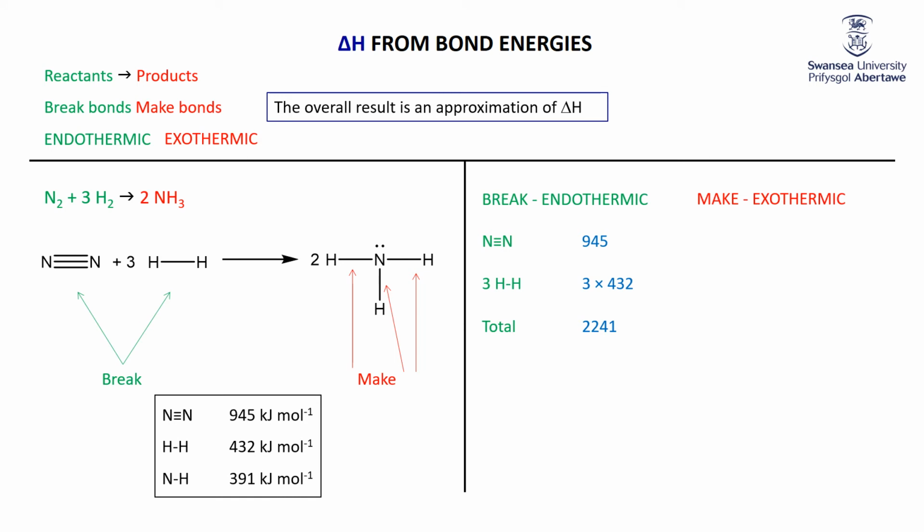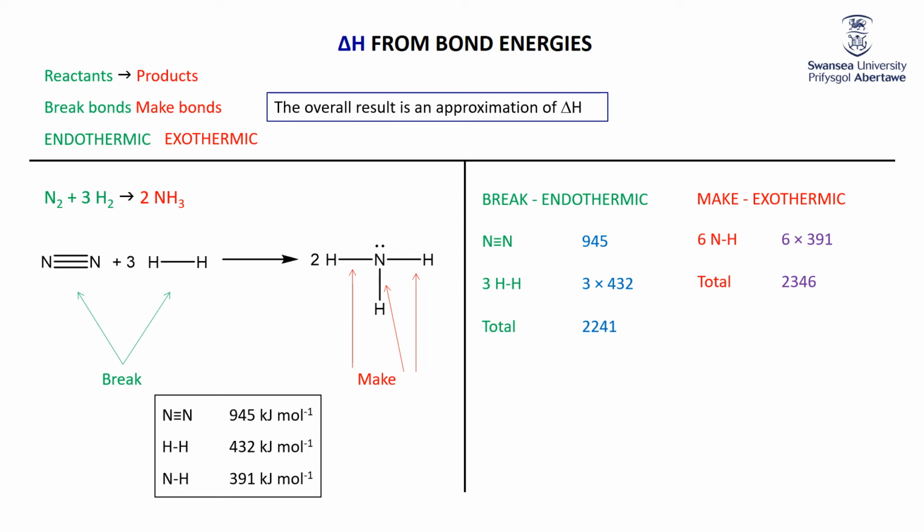Now, of course, making. Well, making bonds is exothermic if breaking is endothermic, and all we're making are 6 NH bonds, 6 moles of NH bonds, 3 in each ammonia, but there are 2 ammonias in the reaction. So 6 times 391, that total is 2,346.